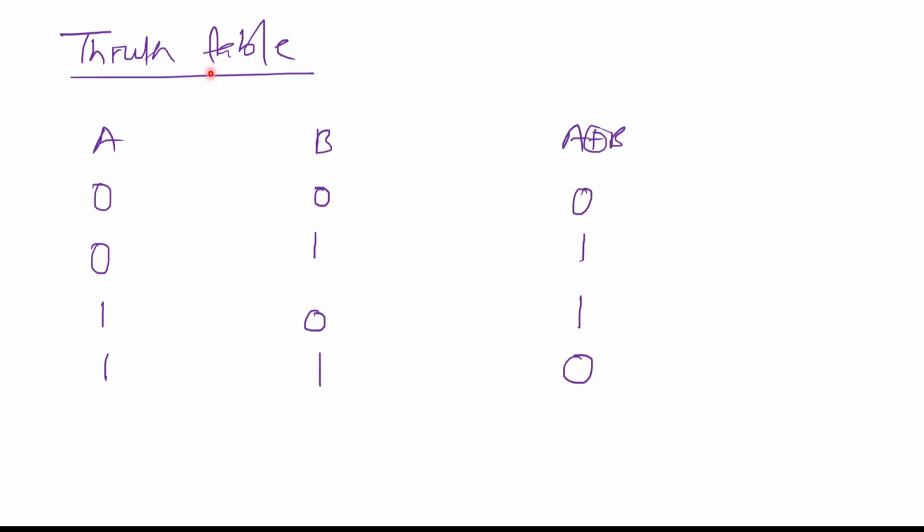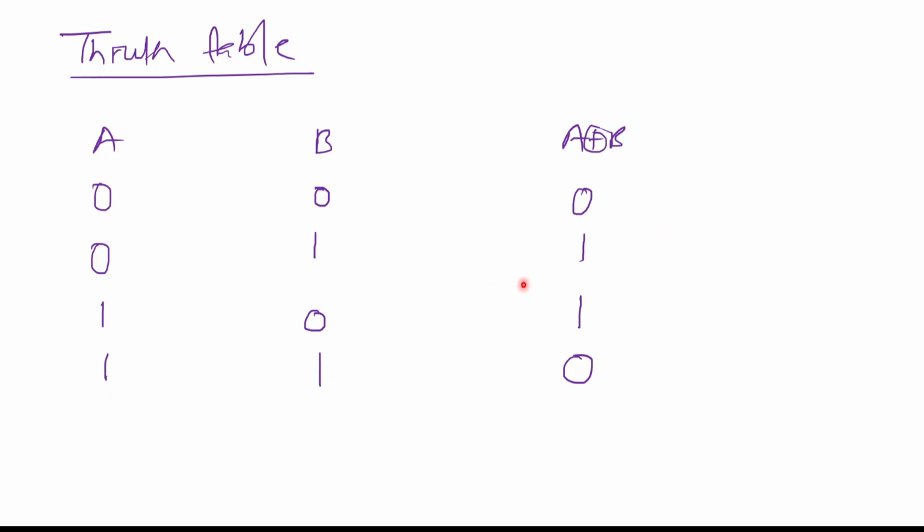Let's try to understand the truth table. There is A, B, and the operation XOR. When you take 0, 0, these two are the same, so you get 0. For 0, 1 and 1, 0, which are different, you get 1. For 1, 1 you get 0. So in the same cases you get 0, and in the different cases you get 1.